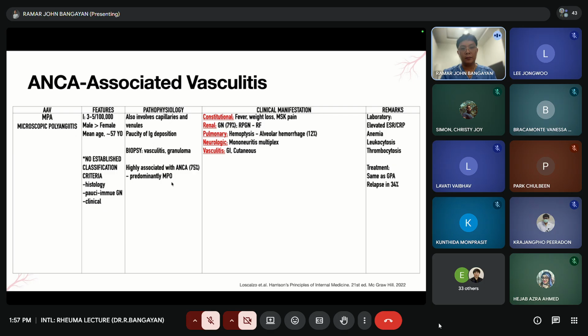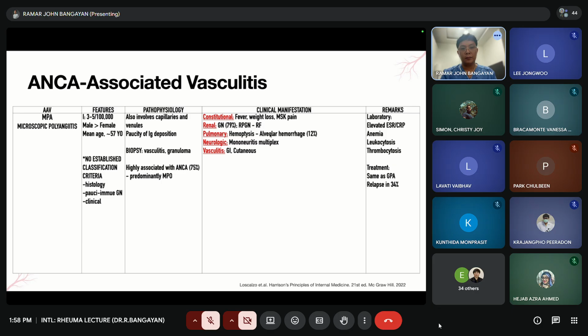Now, again, 75% of the time, there could be a positive ANCA, but predominantly MPO, but it does not necessarily mean that you only see MPO. You can also see seronegative antibodies. Okay, so what I want you to focus on are the manifestations. So what is more common in MPA?